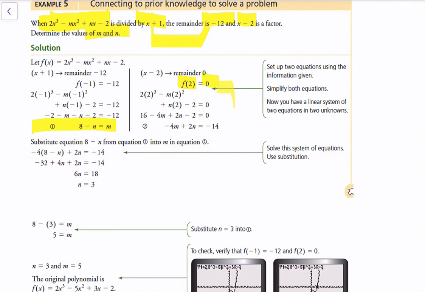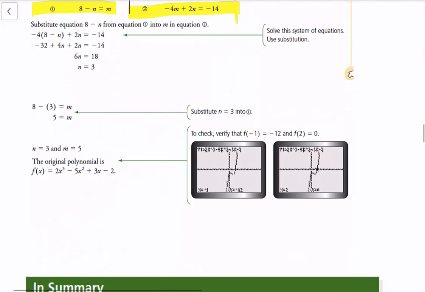So then again, they follow the same process. They take f at 2, they set it equal to 0, and then now they're just using systems of equations. So you should have covered this in like grade 10, I think. But now you're just substituting the pieces in. So here they're isolating for m in this case, and they substitute that m from equation 1 into equation 2.